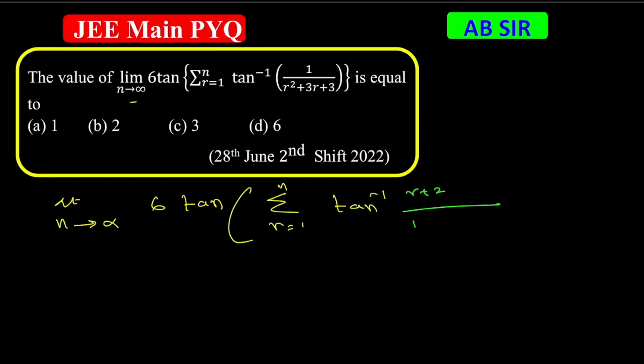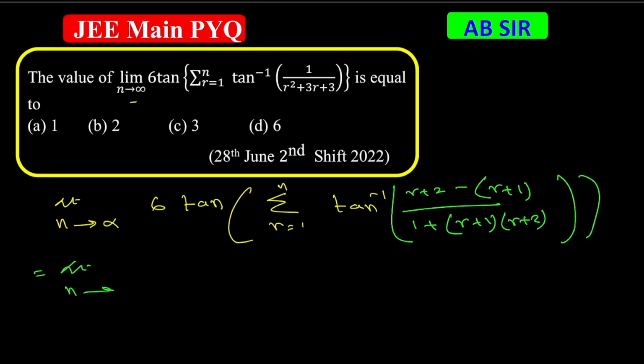First of all, in the denominator I am writing 1 plus r plus 1 into r plus 2. So I am writing the numerator as a difference of r plus 2 and r plus 1, and it is matching. So our main work is done. Now I can use the telescopic series directly. So first of all, let us separate.